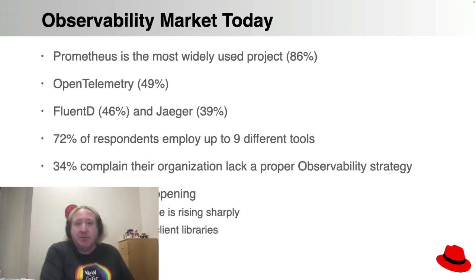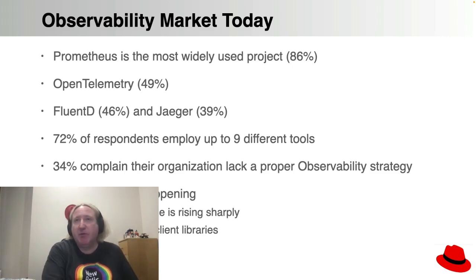In terms of today's market and what is actually in use, there was a recent survey by the CNCF, the Cloud Native Compute Foundation, and they found that Prometheus, which is a slightly older metrics technology, is probably the most widely used observability technology around today. They found that this was used by roughly 86% of all projects that they surveyed.